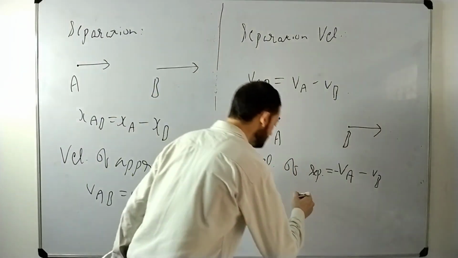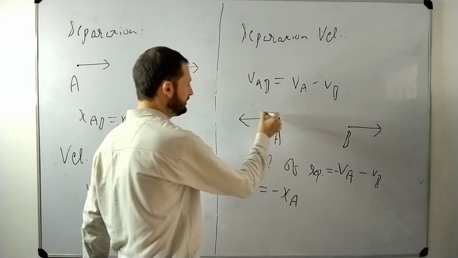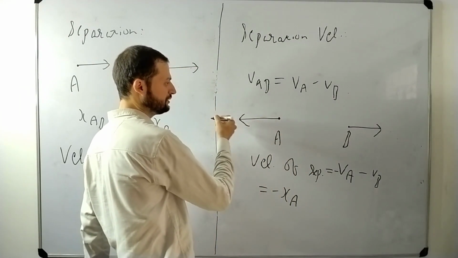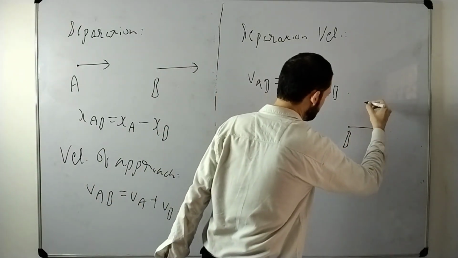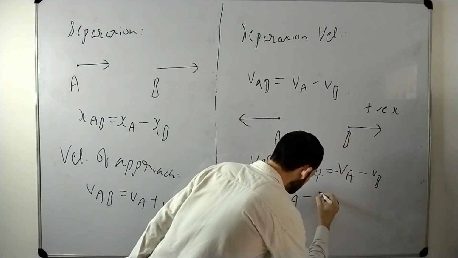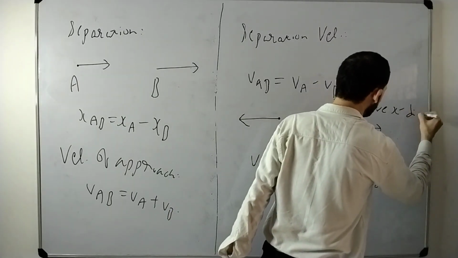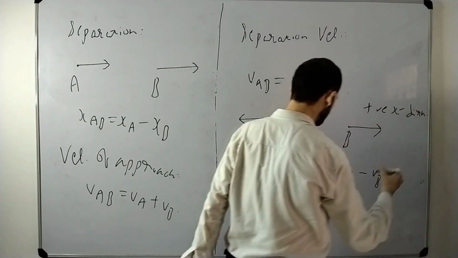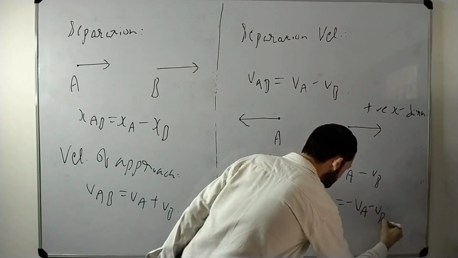See, students, this is minus XA, negative X direction, and this is positive X direction, XB. So this makes differentiation minus VA minus VB.